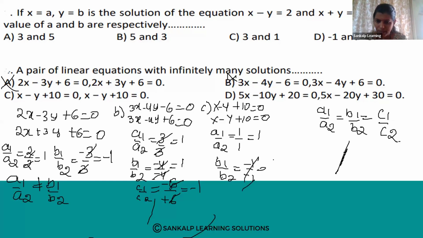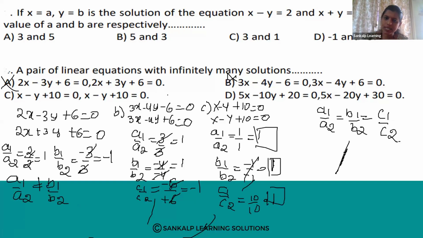Minus 1 and minus 1 will get cancelled. You will get 1. C1 divided by C2: 10 divided by 10. Here also we are getting 1. This is the same, this is the same, and this is also the same. Therefore, option C is right. No need to check the other options.